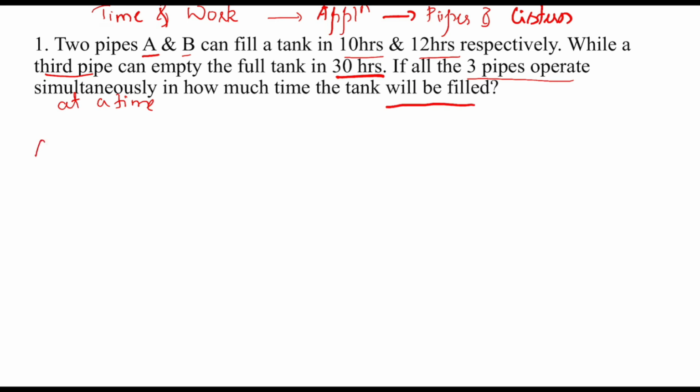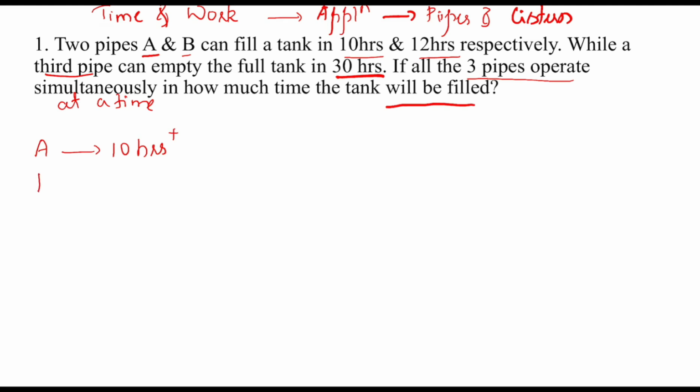Now we know that pipe A will fill the tank in 10 hours. When there is filling of the tank, I will denote it by plus sign, and if the pipe is emptying the tank, then I will denote it with negative sign.